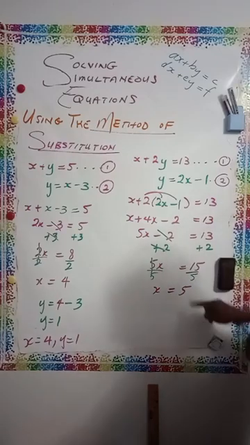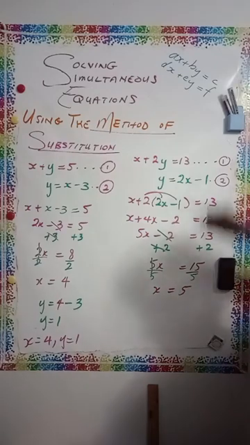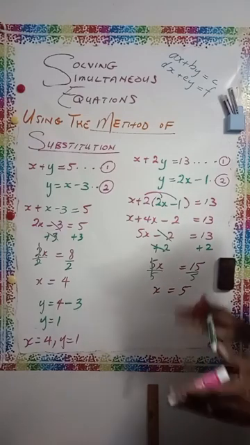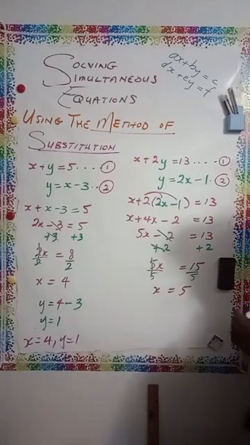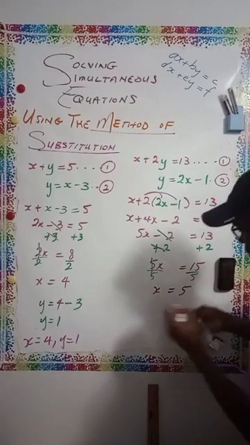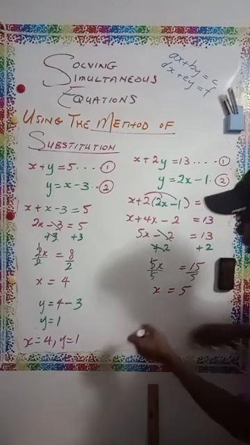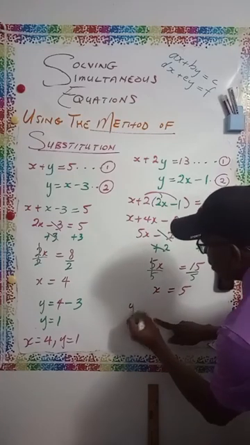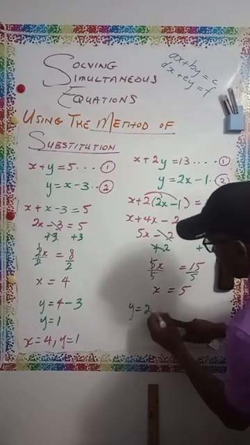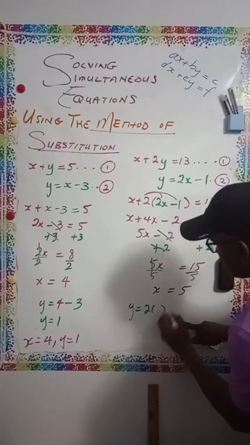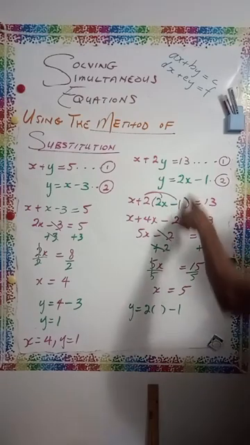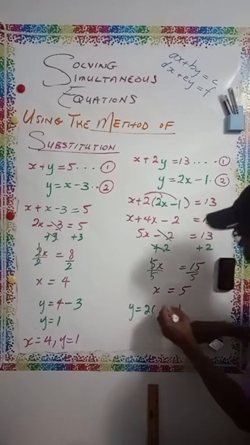And from there, we're going to take this value and plug it into the simplest looking equation. And the simplest looking one here, again, is equation 2. You can use any equation anyway, right? So please note that. We're going to use 2 for now. So y is equal to 2 times x minus 1, but what is the value of x? x is 5.